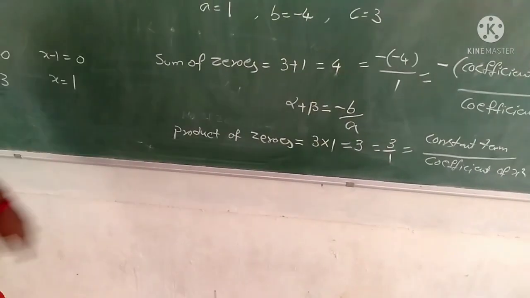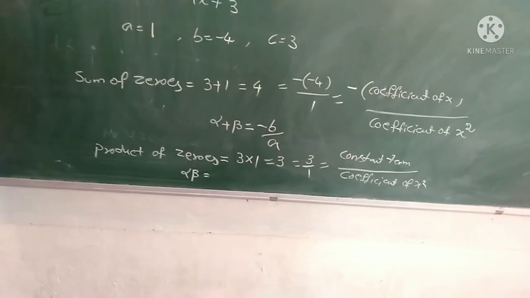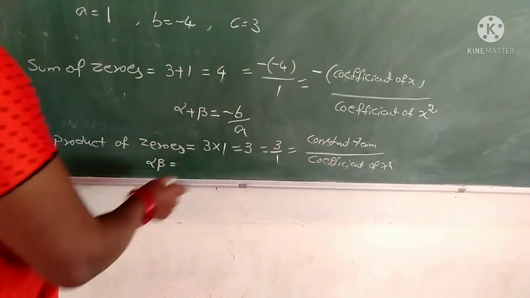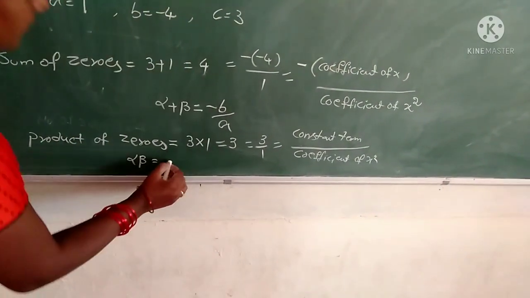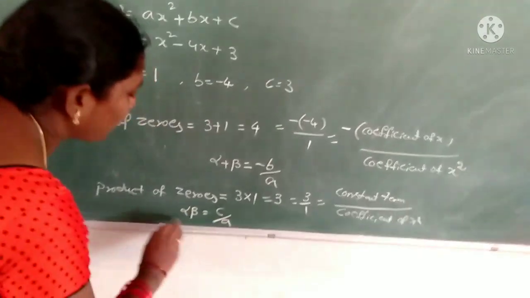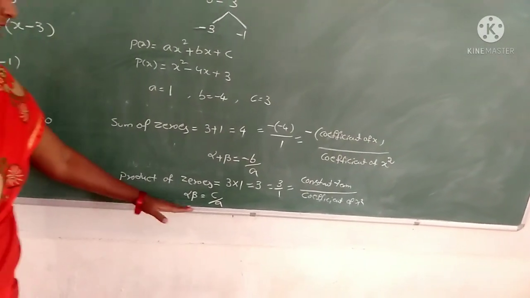Product of zeros means alpha into beta equal to the constant term by the coefficient of x square, in the general formula c by a. So we get the product of zeros alpha beta equal to c by a.